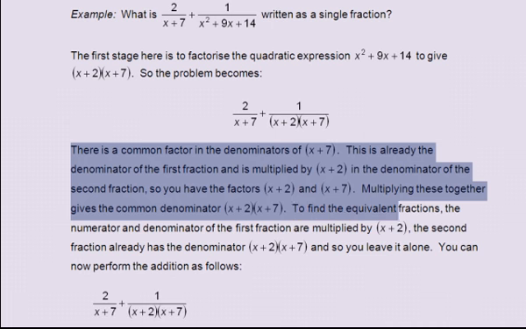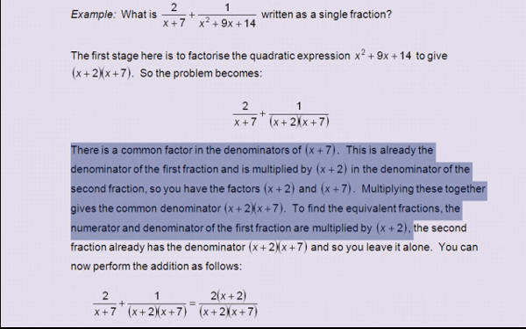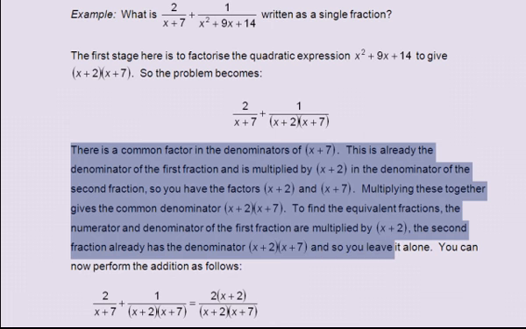To find the equivalent fractions, the numerator and denominator of the first fraction are multiplied by x plus 2. This gives 2 multiplied by x plus 2 divided by x plus 2 multiplied by x plus 7. The second fraction already has the denominator of x plus 2 multiplied by x plus 7, and so you leave it alone, like so.